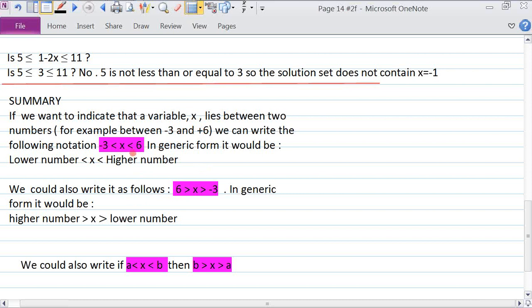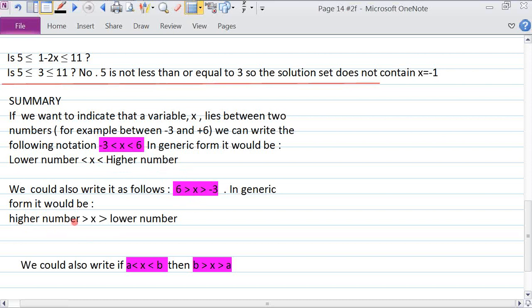But we could also write it in descending order. Here we're going from the lowest to the highest, and here we could write 6 is greater than x is greater than minus 3. Notice I put the minus 3 over here, and I put the 6 over here. I've reversed it.